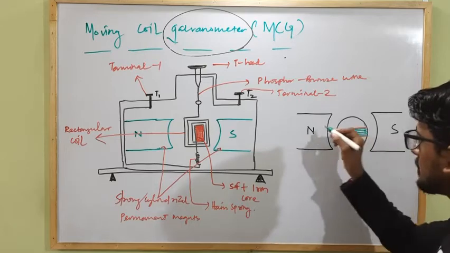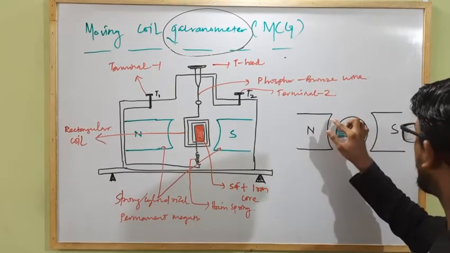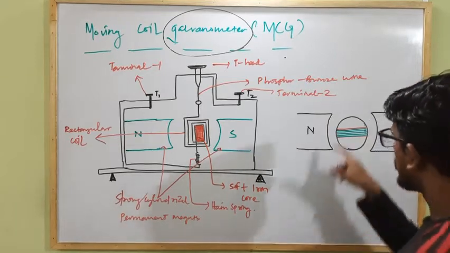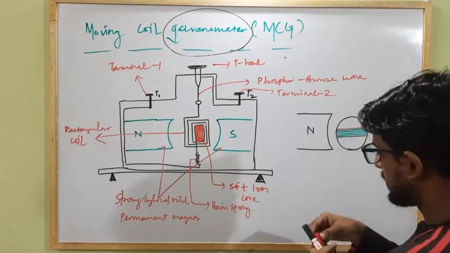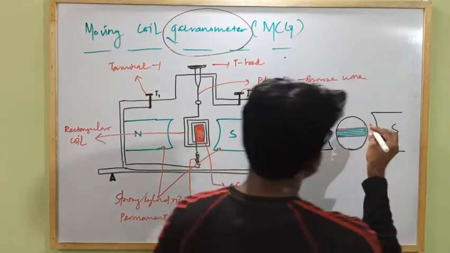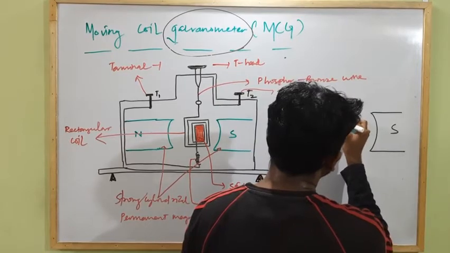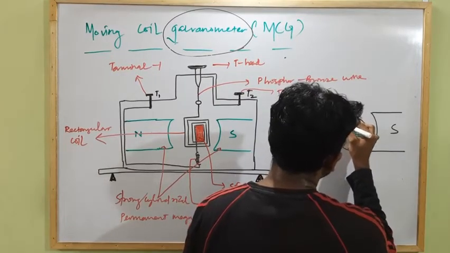Clear? And as we know, the lines of magnetic field always go from north to south. So due to this concave shape of the magnetic poles, the field lines of magnetic field strength are shown like this.